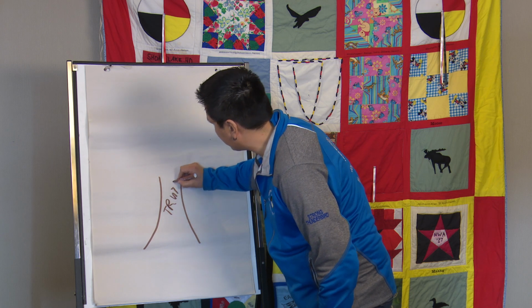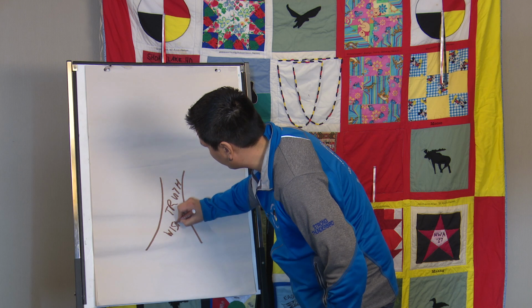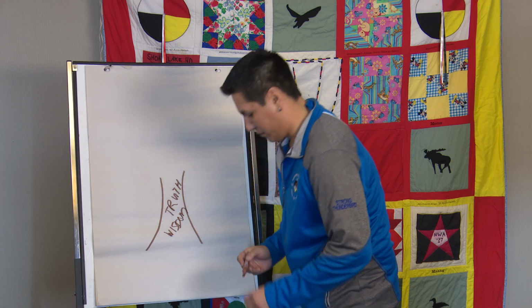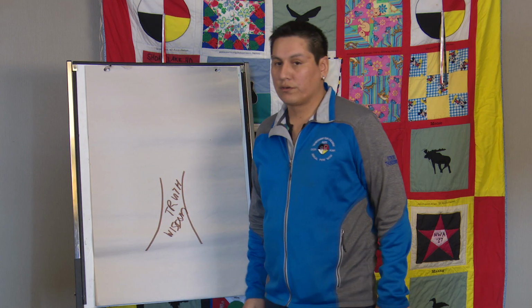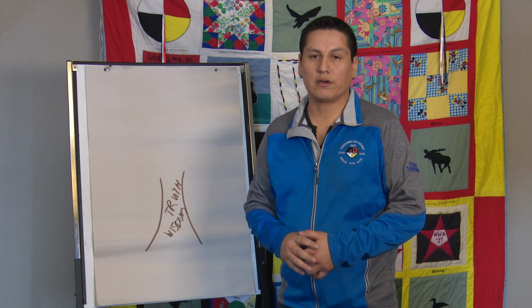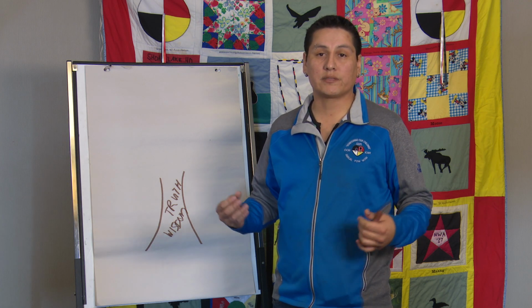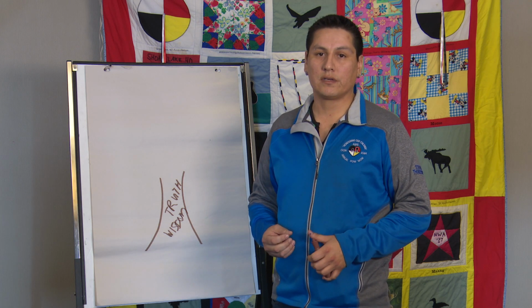The 2 values that are important to me and my family are truth and wisdom. Now, truth is important because I always tell my daughter to be honest all the time. And wisdom is basically all the experience that you gain throughout life.